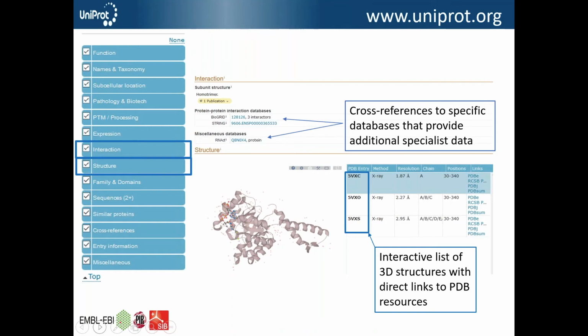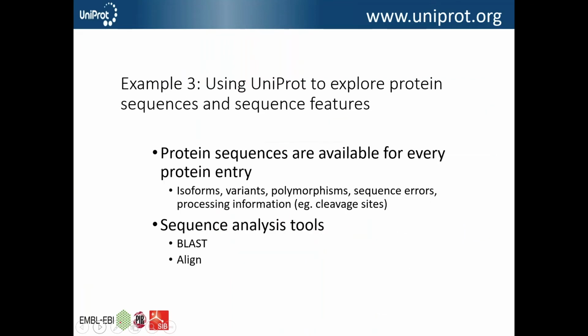If there's a crystal structure available, we'll provide a list of those structures with direct links to the PDB resource. I'll briefly mention the structure viewer again a little bit later.